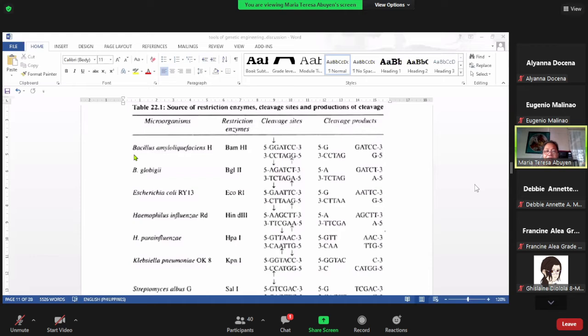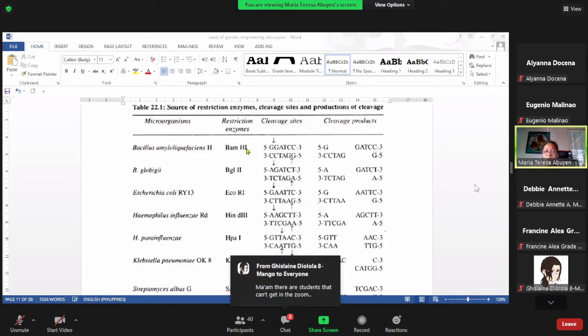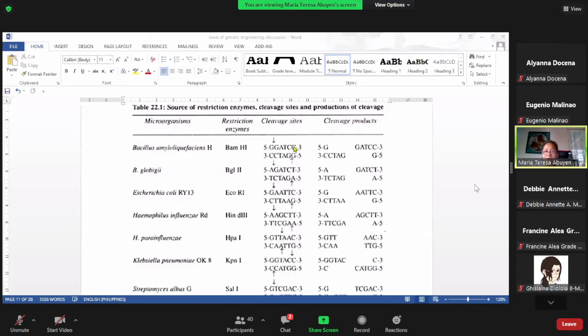Let's say, for example, the first one, Bacillus amyloliquefaciens H. So the name of the restriction enzyme is BAM. The strand is H, and it is the first strand discovered in that organism. So BamH1 cuts between G and G on the 5' to 3' direction, and between G and G in the 3' to 5' direction.